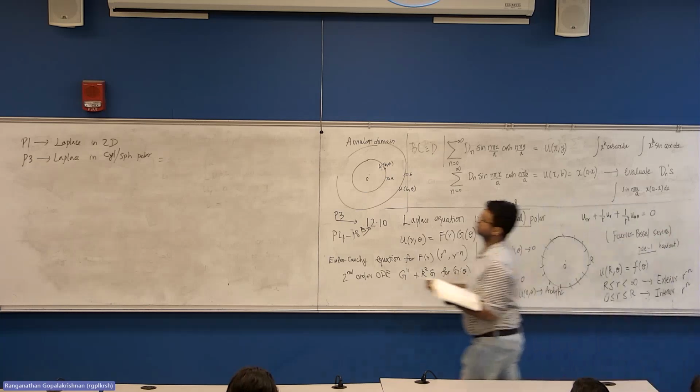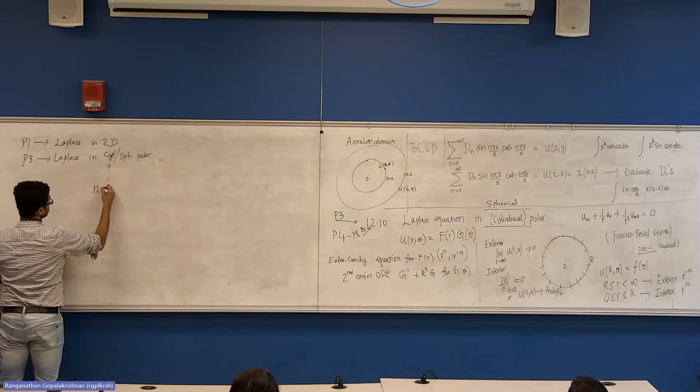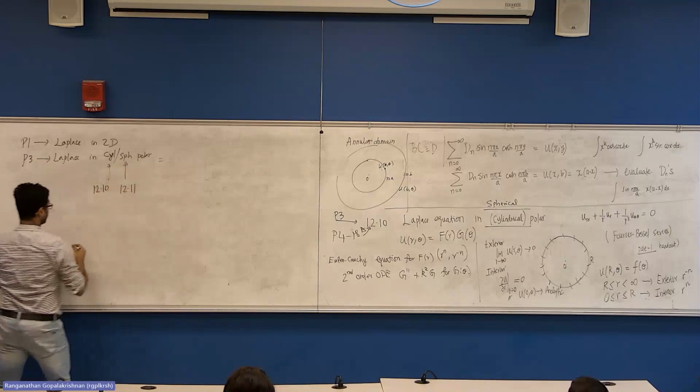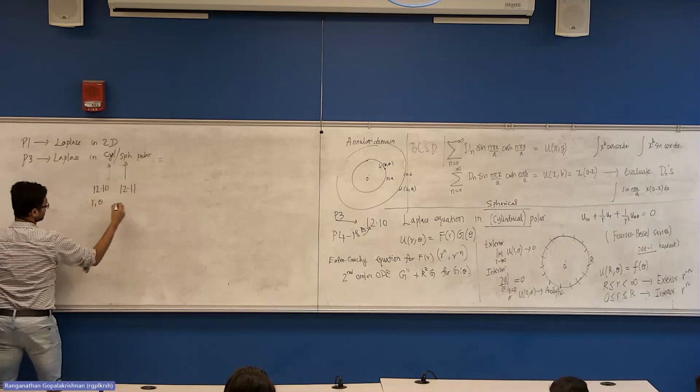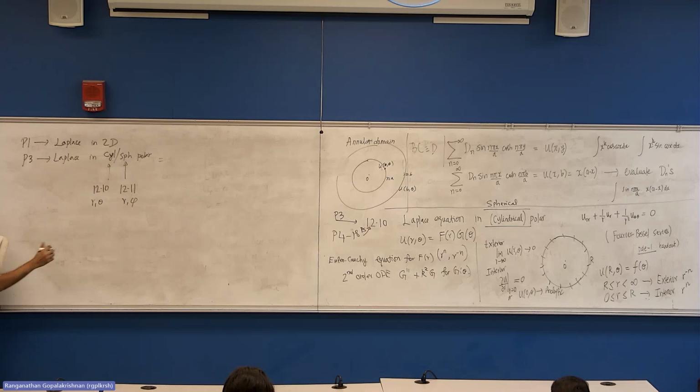So this is in cylindrical polar, section 12.10, spherical polar, section 12.11. Here you have r and theta, here you have r and phi. What I won't ask, I'll tell you, I won't ask r and z in cylindrical polar.